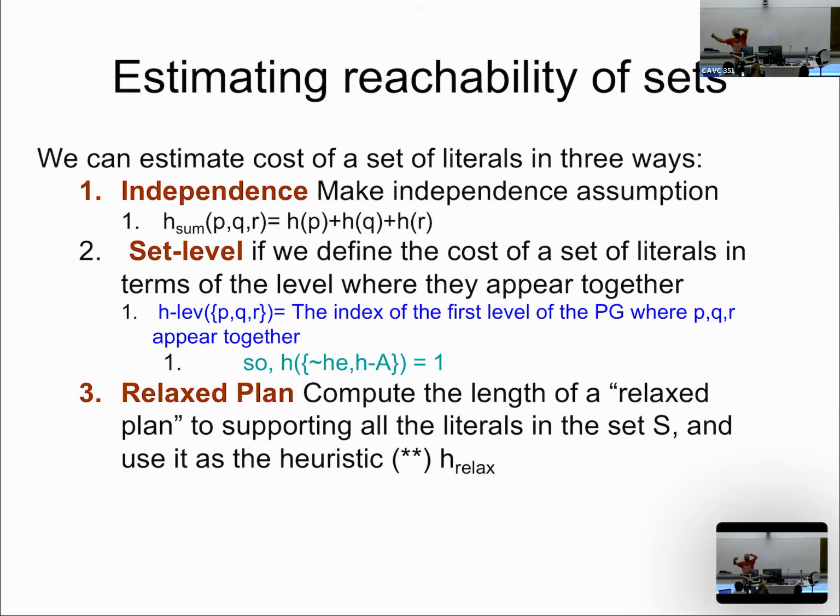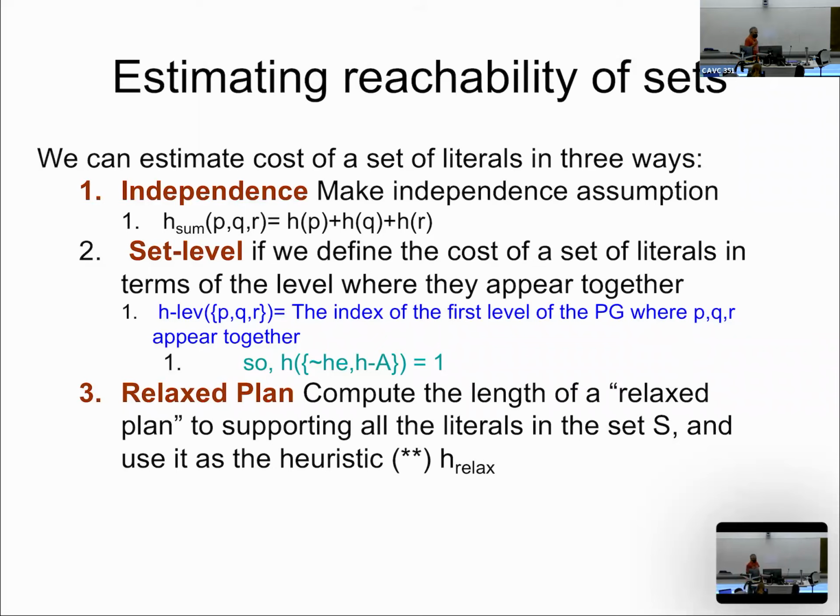Now you have L1, L2, L3. If you believe everything is independent, you add them up. If you believe there are positive or negative interactions, you take the first level where all three are together.